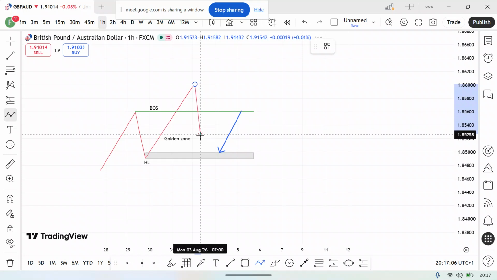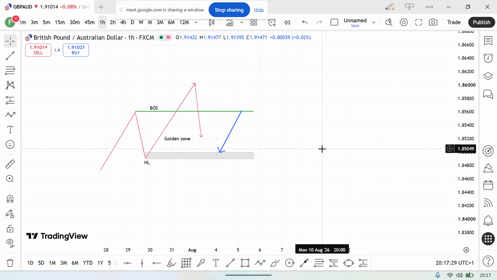I'm expecting price to come anywhere around here between this green line and this hash box. Price might come all the way down to this box, but what we don't want to see is price breaking through this box or price stopping before this line. If price stops before this line, we are not expecting to take any trade. But if price comes down into this area, then we are looking forward to take a trade.